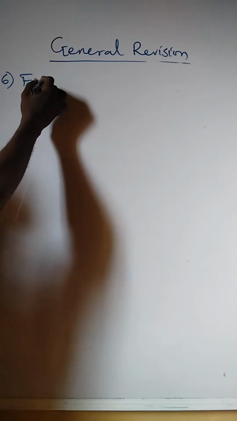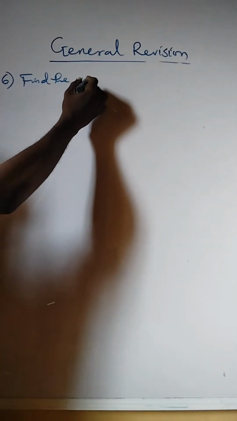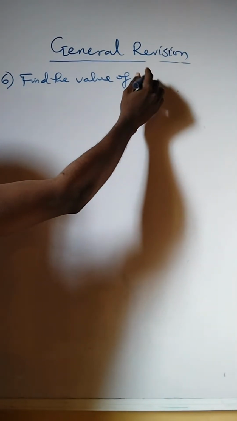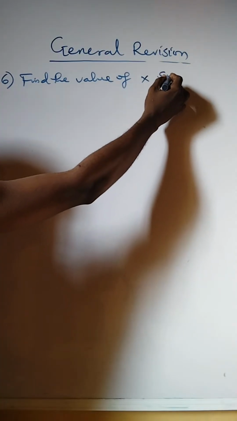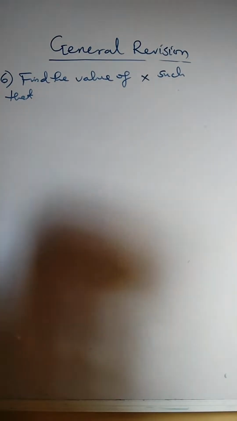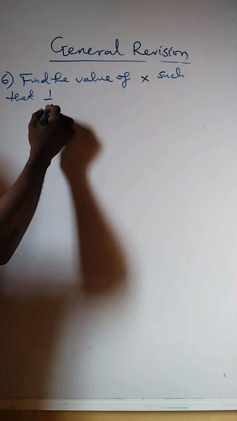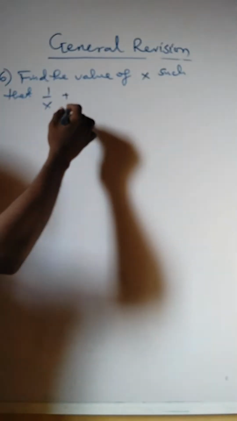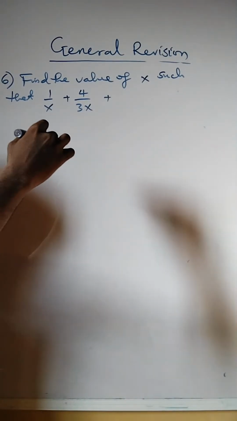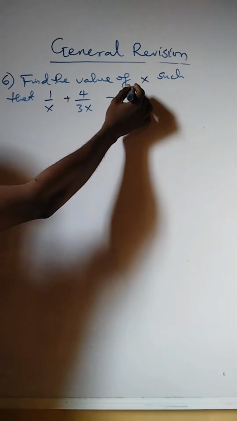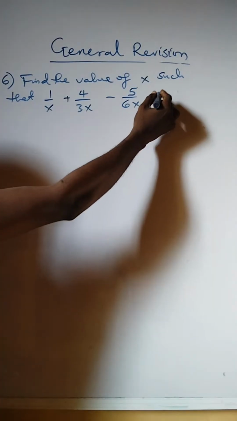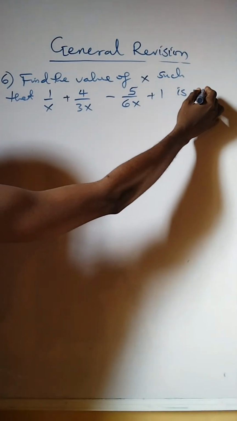Find the value of x such that 1 over x plus 4 over 3x minus 5 over 6x plus 1 is 0.